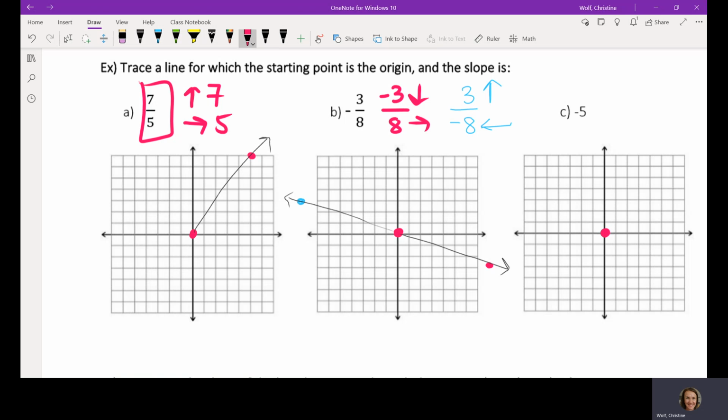You have learned this since like elementary school. Any number is actually always over 1. It's not over 0. Okay? So there, it's over 1. So that means we're going to go, whoops, down 5 over 1. So the 5 is negative, so my rise is negative. I go down and then I go to the right 1.